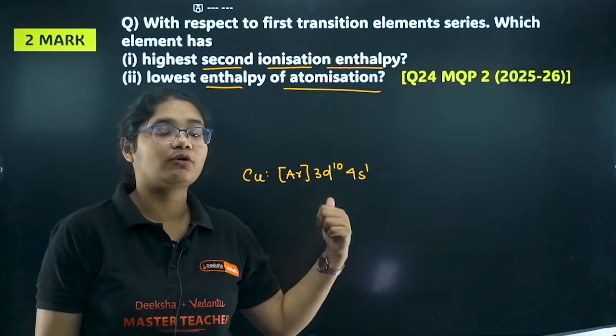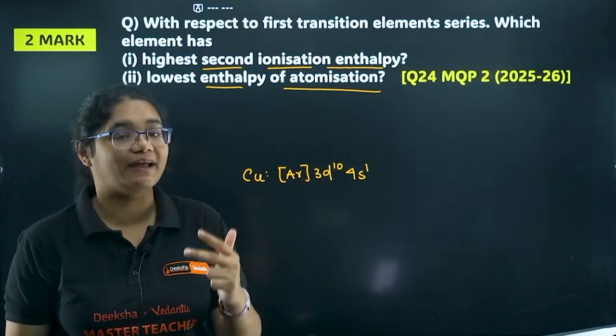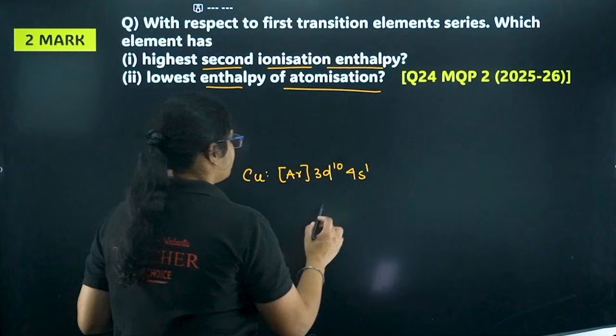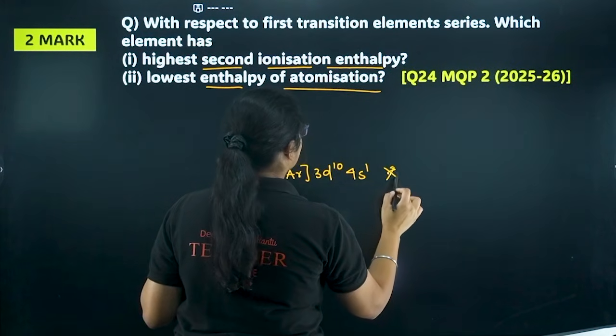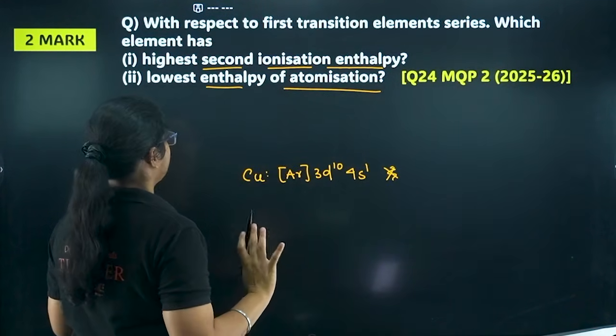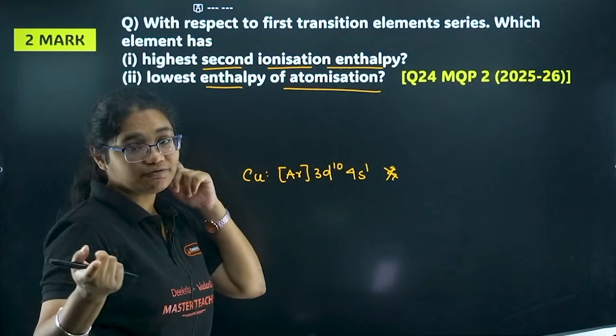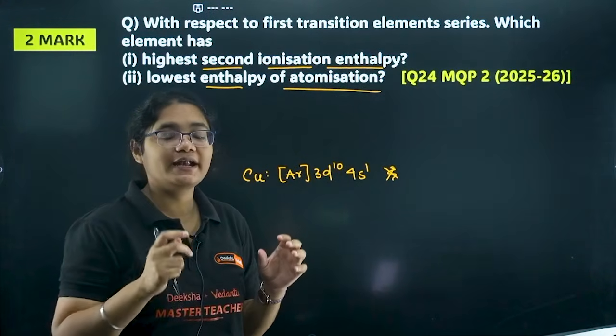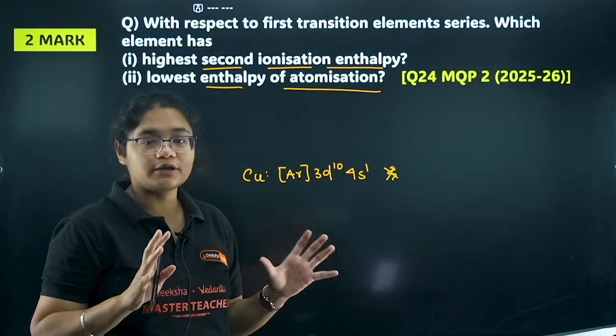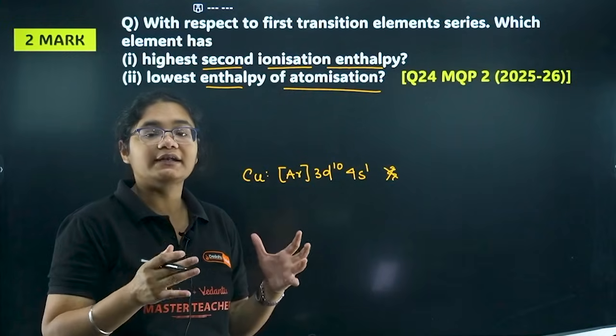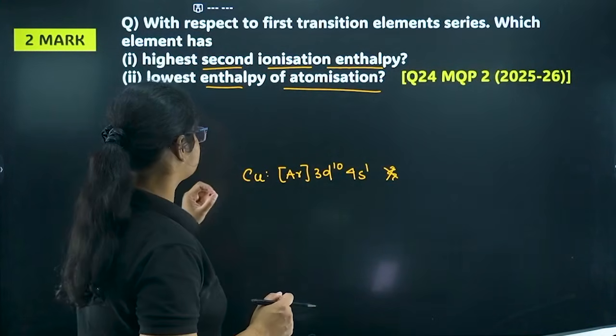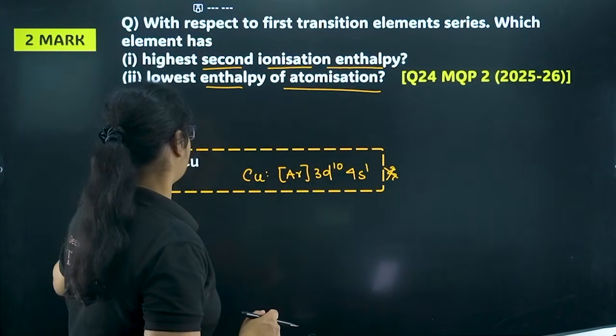So removing an electron from here will require a lot of energy. So that is why copper will be the element with the highest second ionization enthalpy. Then lowest enthalpy of atomization, we know zinc, right? Zinc has no interatomic bonding. There are no interatomic interactions. So that is why it has the lowest enthalpy of atomization.